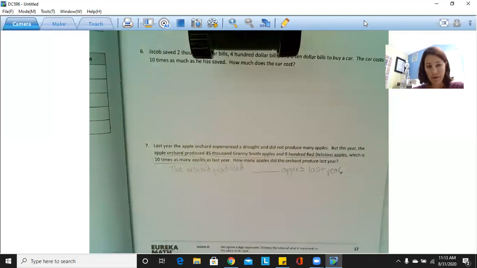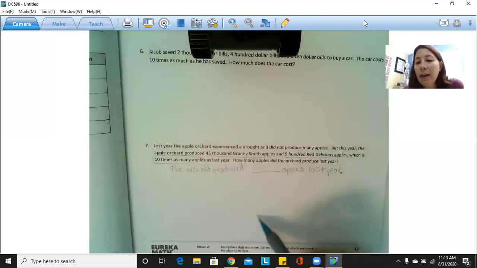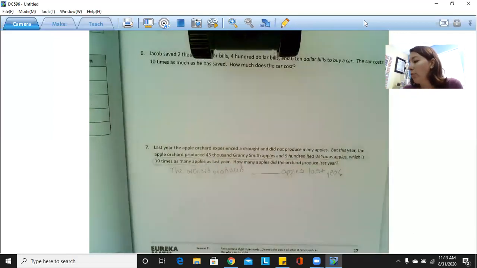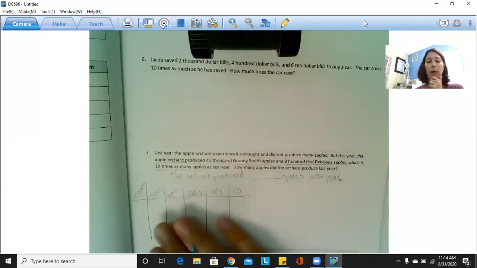Okay, so let's think about this for a second. The apple orchard this year produced 45,000 Granny Smith apples and 900 Red Delicious apples. That's 10 times as many apples as last year. Let's draw a quick place value chart so that we can make sense of these numbers. Okay, there's my place value chart.